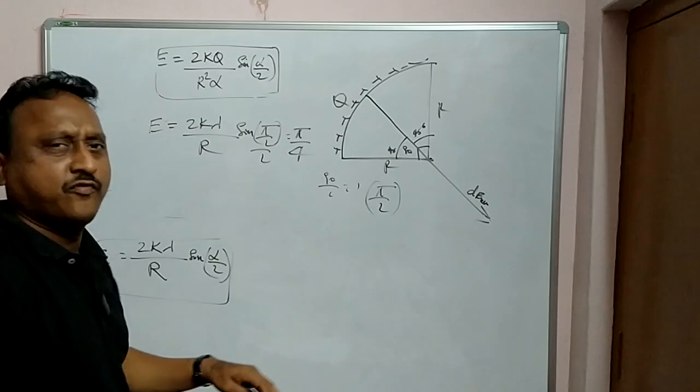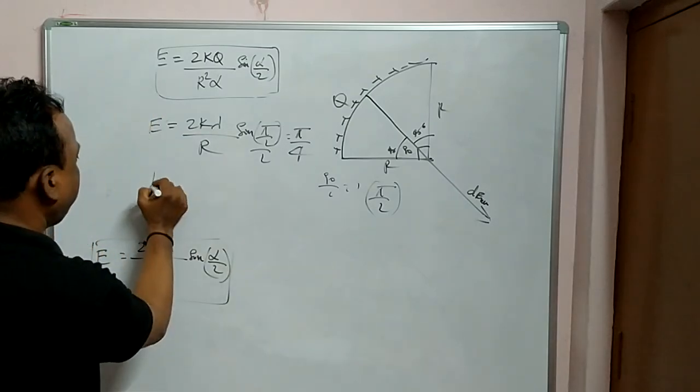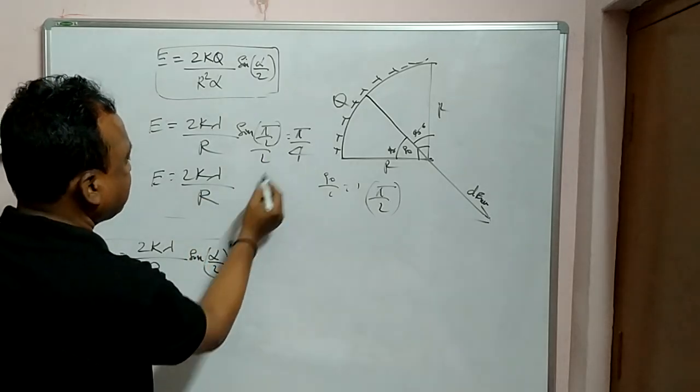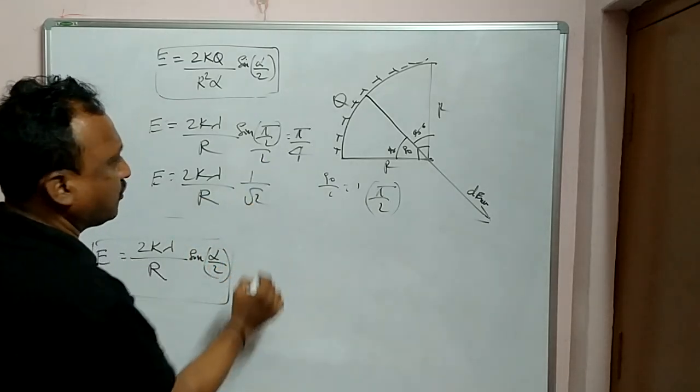Pi by 4 means 45 degrees. Therefore E is equal to 2k lambda by r sin 45, which is 1 by root 2.